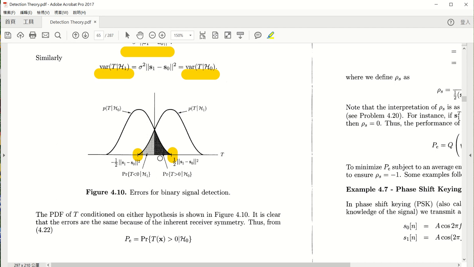And this area is the error in which the truth is h0 and you are making a mistake for h1. So this is one type of error, and the other type of error. As a result, we can calculate this.